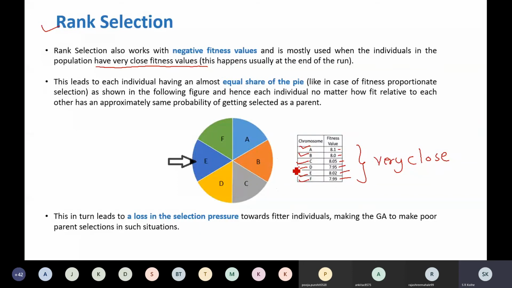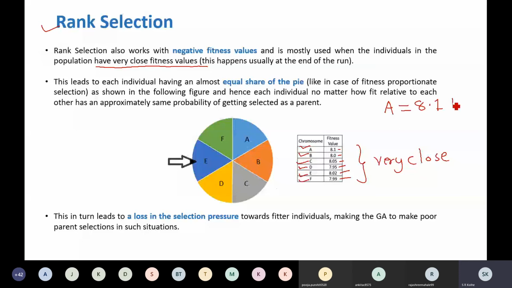Our natural logic tells us that A should get selected with higher probability as compared to F or D. A's fitness value is 8.1, which is highest, and D's fitness value is 7.95, which is least.